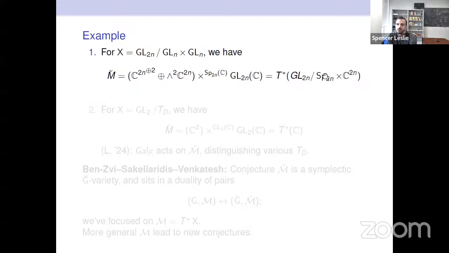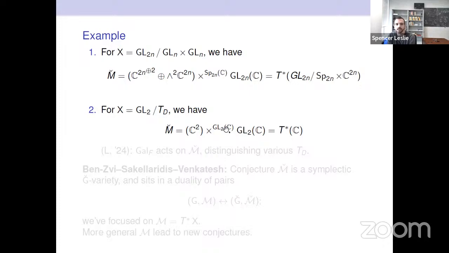So you have this homogeneous space, GL2N mod the symplectic group, and a single copy of the standard representation. And all told, this is precisely the cotangent bundle of that. And if we look at the Waldspurger case, things are a little bit easier.